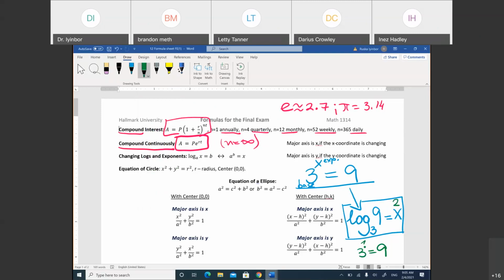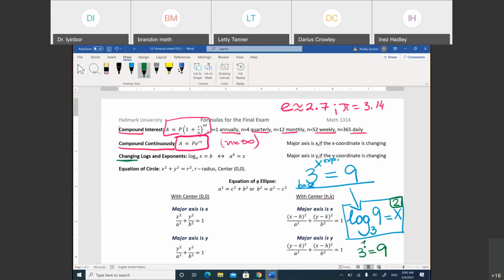Now, what you need to do first, so you don't do anything right now, is that the first few equations are just changing logarithm to exponent and exponent to logarithm. That's what you're going to do. And how do you do that? It's in the formula sheet, changing logarithm and exponent.